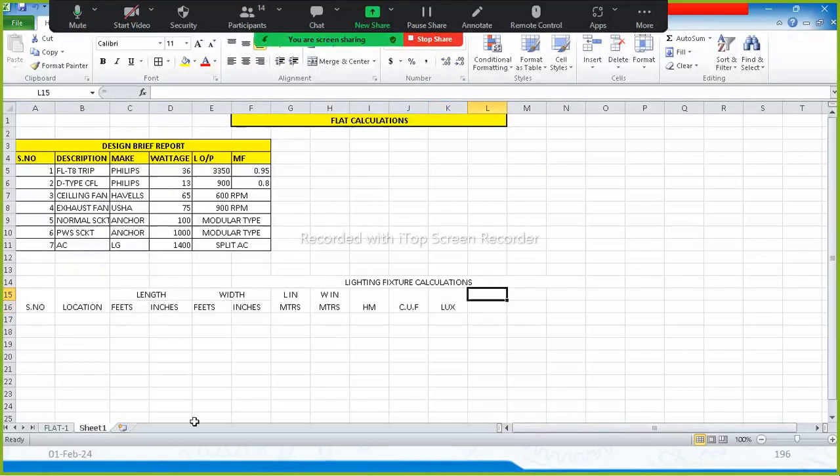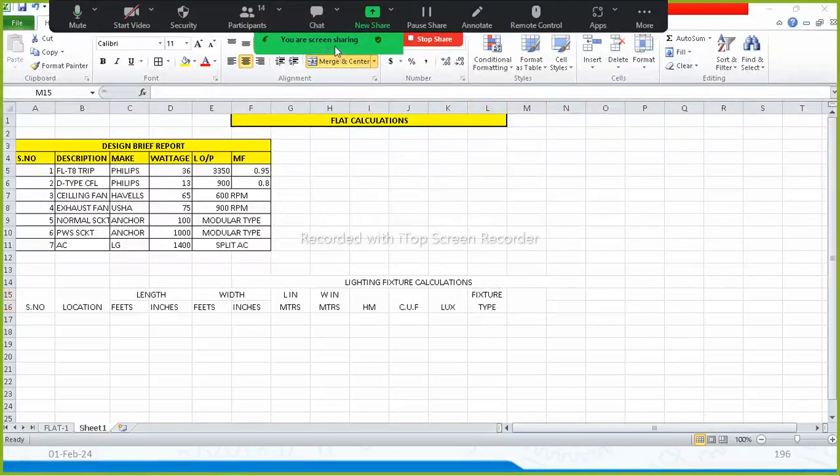L into B into lux level divided by CUF, maintenance factor and lumen output, which are already there. Then I want fixture type, as per the formula. L into B into lux level divided by CUF into MF into fixture type into lumen output.